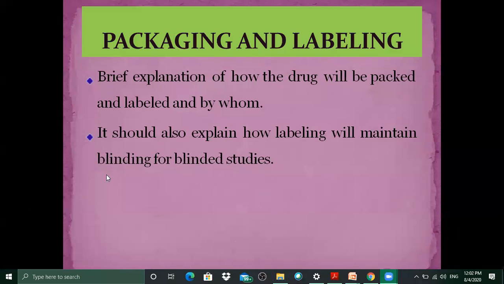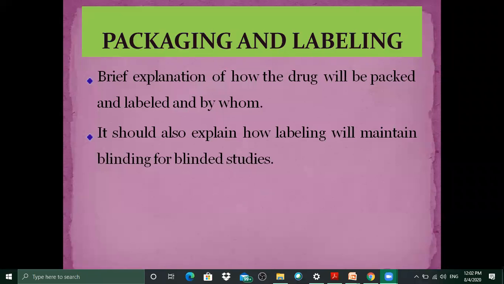It should be explained how labeling will maintain the blinding for blinded studies. This is a very important part, because if there is a blinded study, only the pharma person will know which medication I have put in which. So labeling will also be hidden from the people, right?